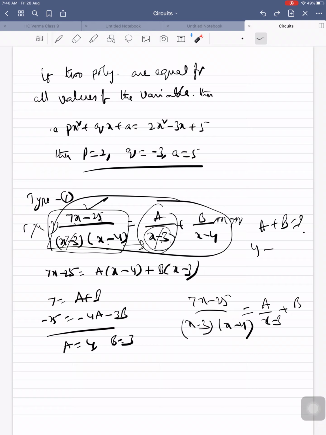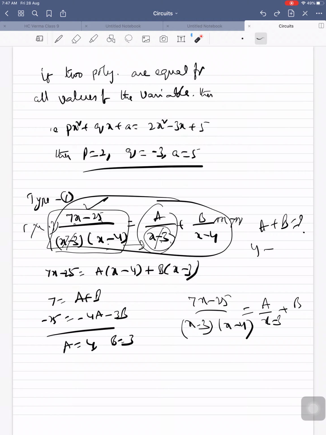For that, your mind must be prepared well. In the conventional method, you will write like this and find A and B. How? Take the LCM of these two and strike out the denominators, because if you multiply both sides by (x minus 3) into (x minus 4), they will cancel. Then you will get 7x minus 25 equal to A into (x minus 4) plus B into (x minus 3).